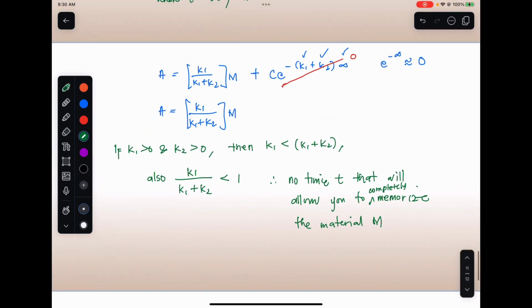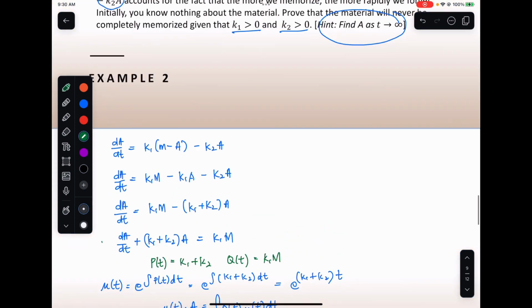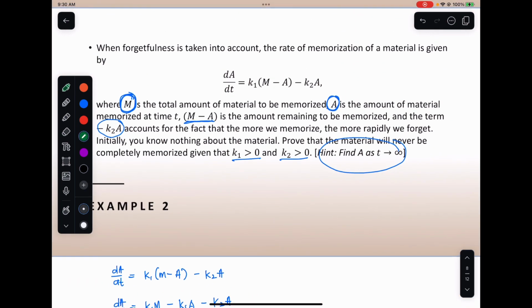That is why this linear model pertains to a model of forgetfulness.